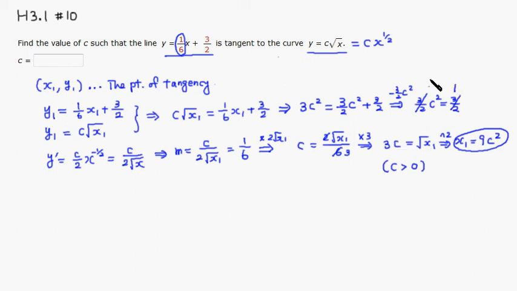So c squared is 1, and by taking the square root, c is equal to plus or minus 1. But remember, c has to be non-negative, so it's got to be positive 1. Therefore, c is positive 1. That's it. I hope that this was clear.